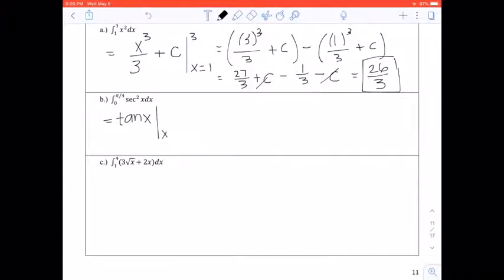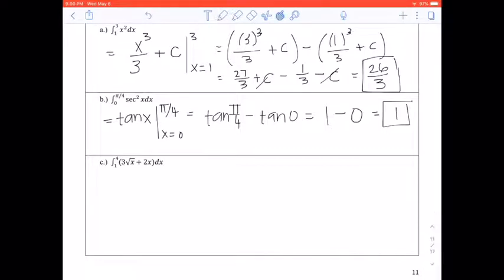This is going from x equals 0 to pi over 4. So evaluating tangent of pi over 4 minus tangent of 0. Tangent of pi over 4 is just 1. Tangent of 0 is 0. So this works out to just being 1. So the area under the graph of secant squared of x between 0 and pi over 4 is equal to just 1.